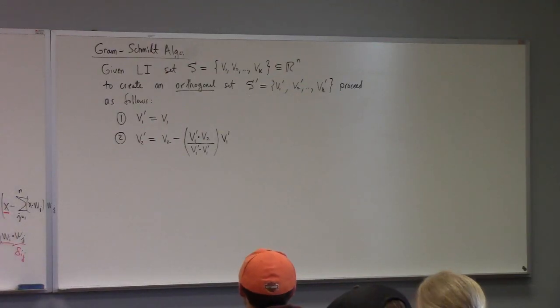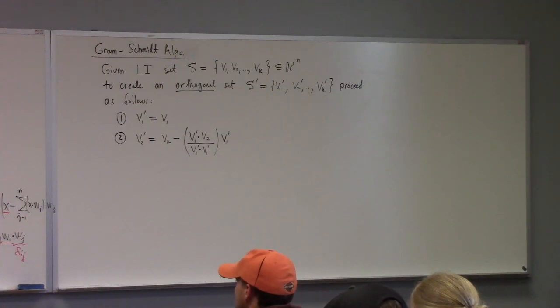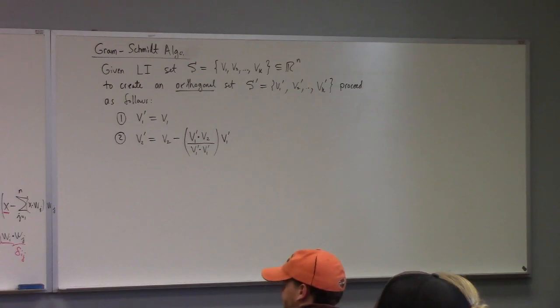What is this? I guess it might have helped if I had finished writing the formula for projection. See, this projection is actually B dot A divided by A dot A times A, right? That's the formula for projection.